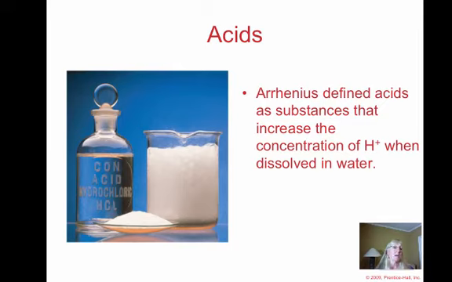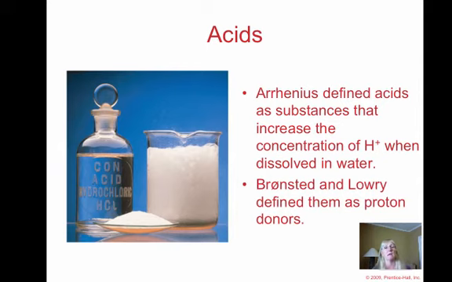Now, we will be spending entire 2 or 3 chapters on acids and bases, but a quick definition of acids is the older one by the Swedish chemist Arrhenius, who said anything that can cause a greater concentration of hydrogen ions when dissolved in water is going to be defined as an acid. Well, Bronsted and Lowry came along sometime later and fine-tuned that definition and said, let's define an acid as anything that can donate a proton.